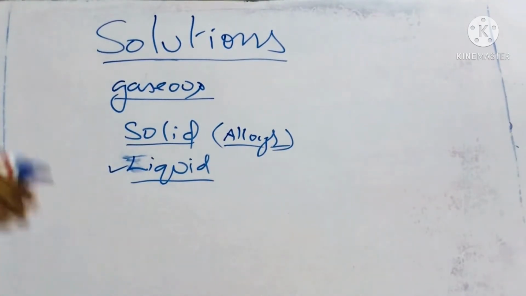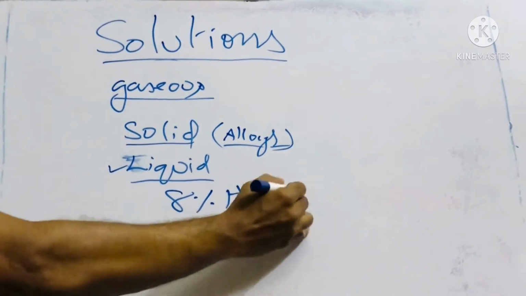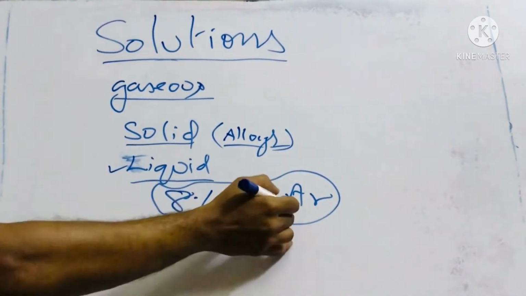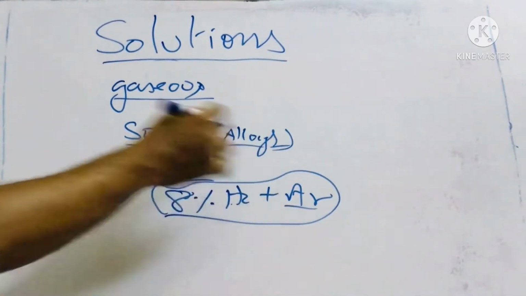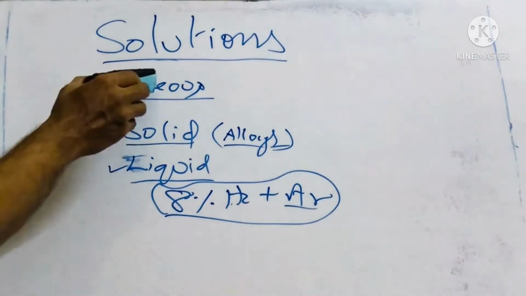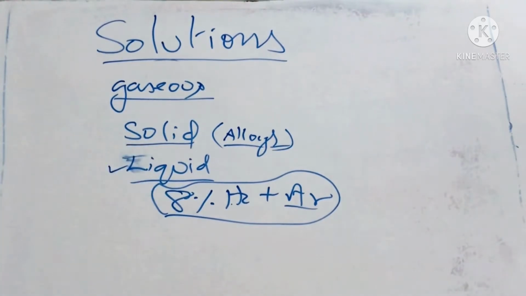Like 8% H2 in argon gas, for example. Here only 8% is hydrogen, the remaining is argon. Argon is more, so it is a gaseous solution. So like this, we can classify solutions into gaseous, solid, and liquid solutions.